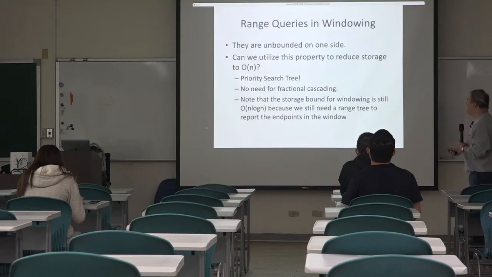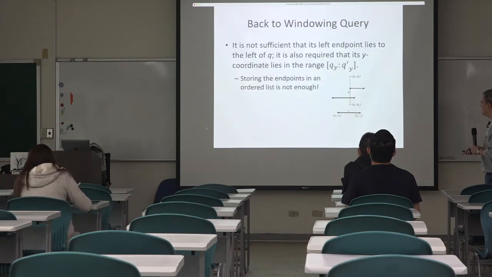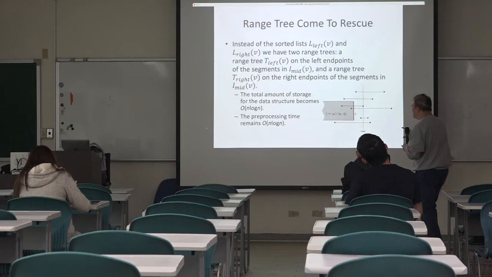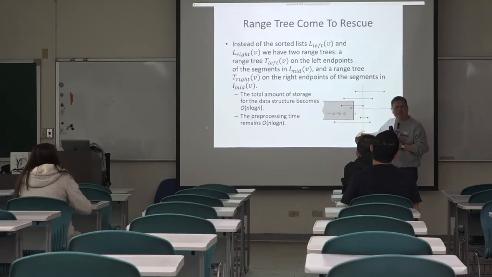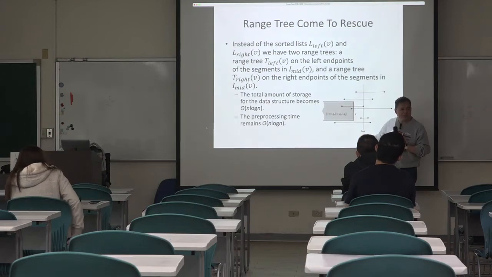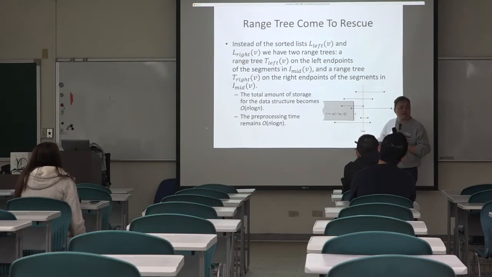So the range queries, the window query, here I'm talking about this type of range query. This is a special range query. Why do we call that a special range query?